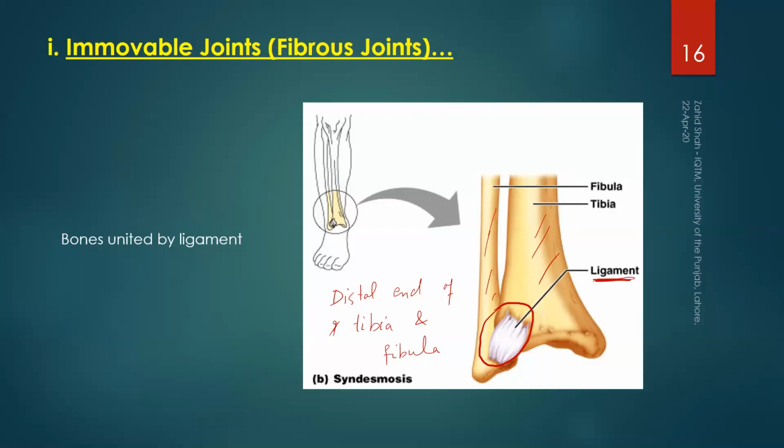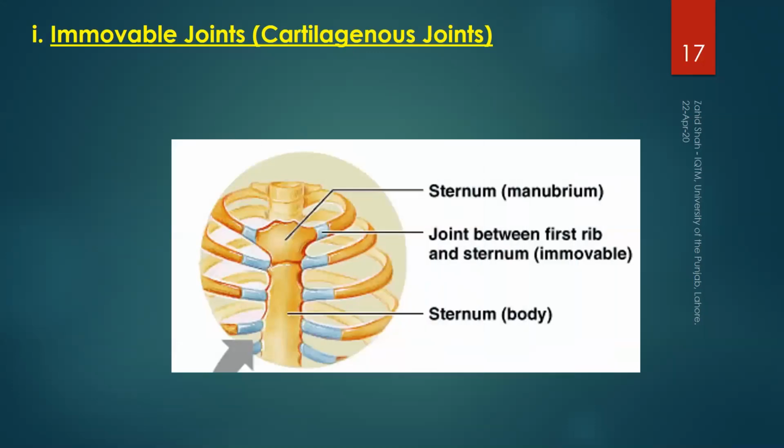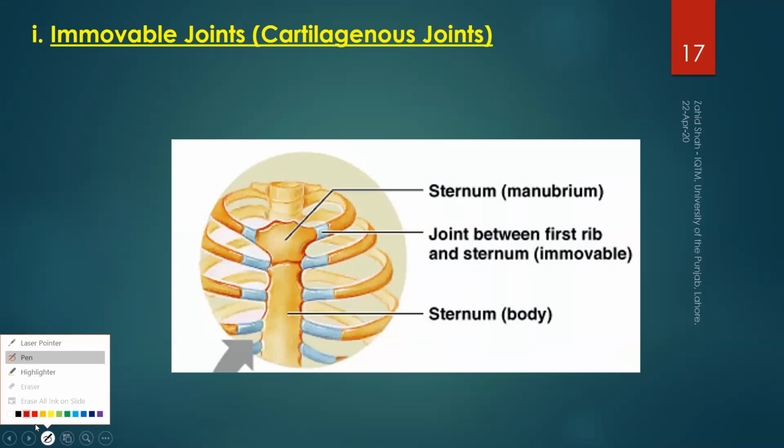So these are two examples of fibrous joints and immovable joints: your suture and the joint at the distal end of tibia and fibula. Another example of an immovable joint, but by structure a cartilaginous joint, is your joint between your ribs and sternum.